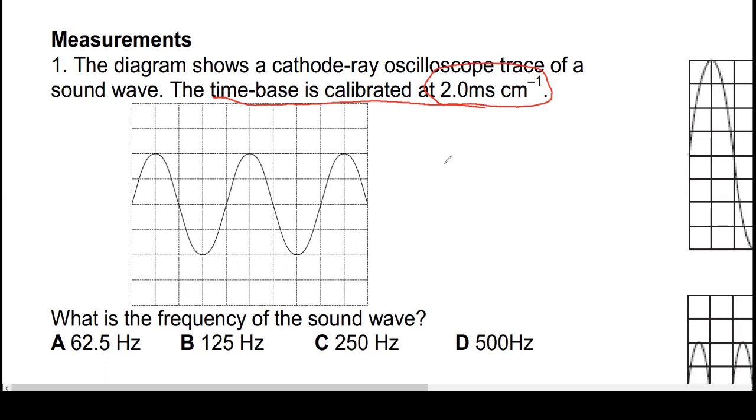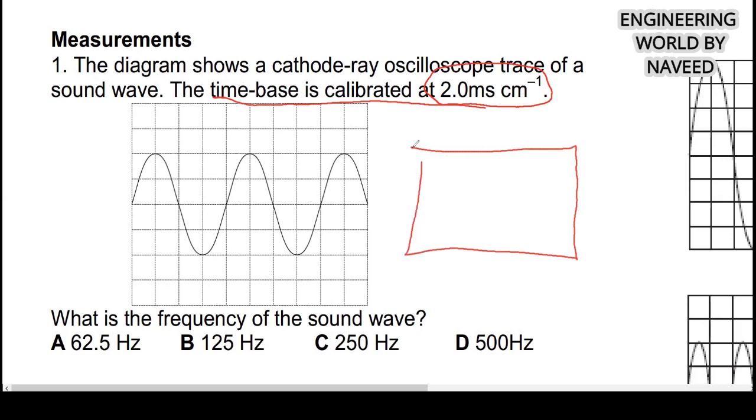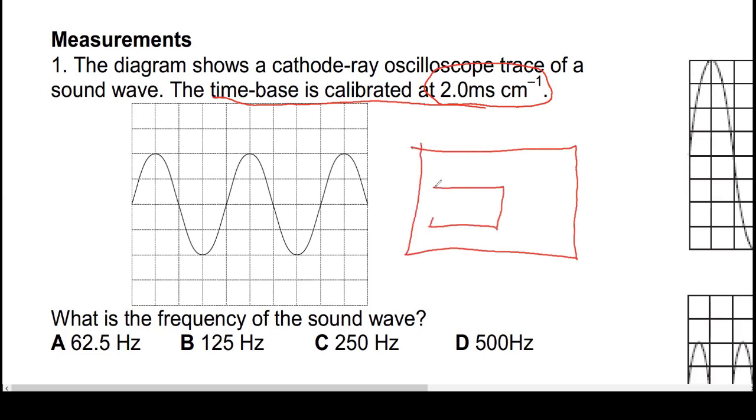As you know, let's say this is my oscilloscope. In the oscilloscope we have a small window, a small screen, and the graph shown on the oscilloscope is this one. Here we have lots of buttons, and there is a time base button.